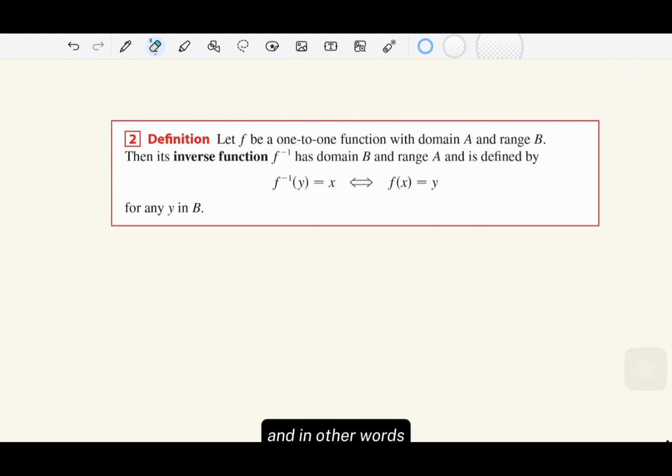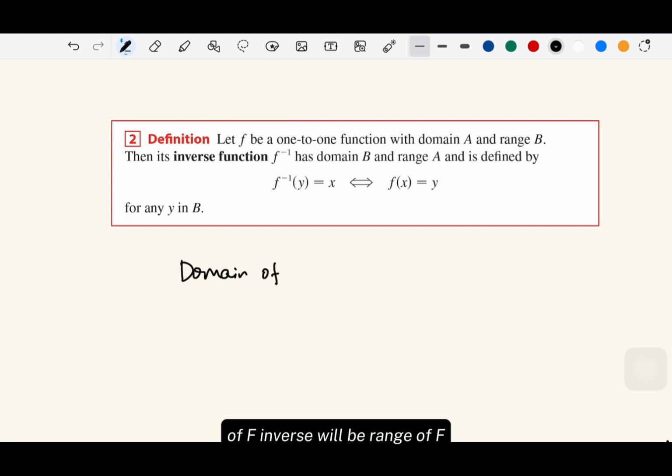In other words, let me write from the right part first. f of x equals y, and then we can take f inverse of y is equal to x. So the domain of f inverse will be the range of f.